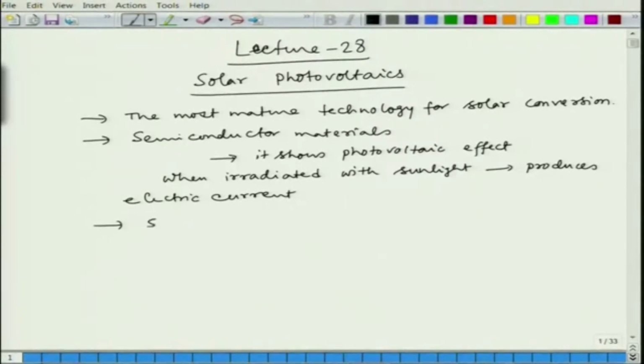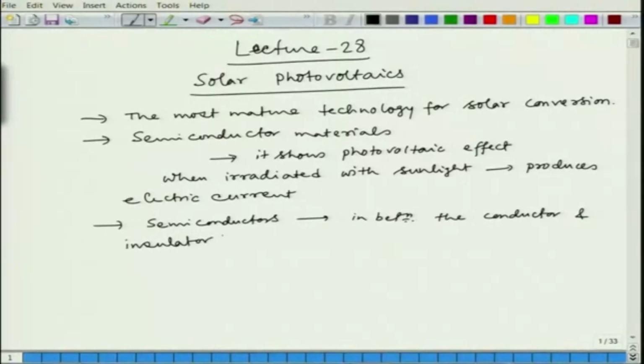Basically these semiconductors are in between the conductor and insulator. An insulator does not allow electricity to pass through it, and a conductor allows it very happily. So, a semiconductor lies in between these two.